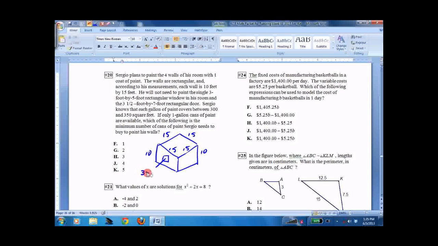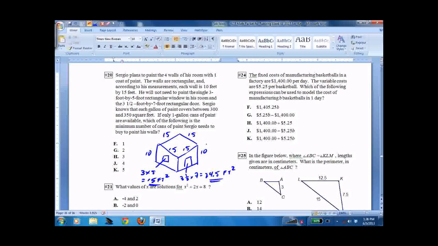So that's 3 by 5, which is 15 feet squared. And the 3.5 by 7 foot rectangular door. So this is 3.5 times 7 feet, which is 24.5 feet squared.